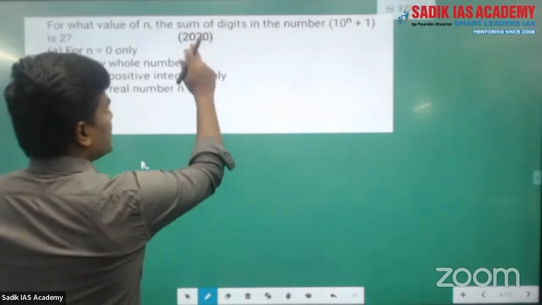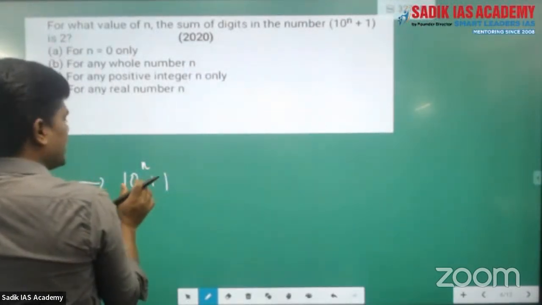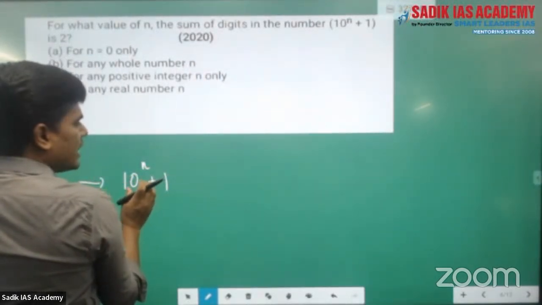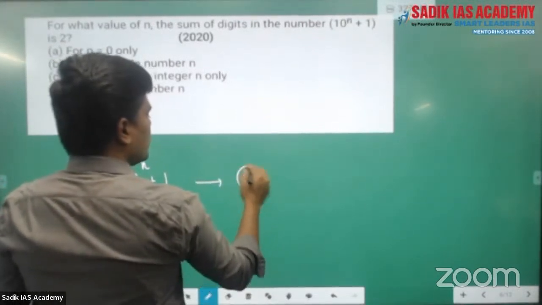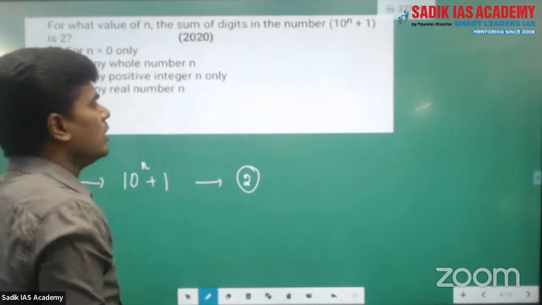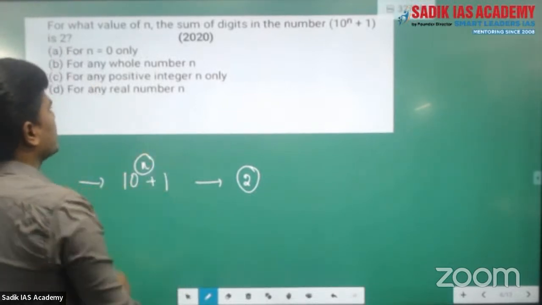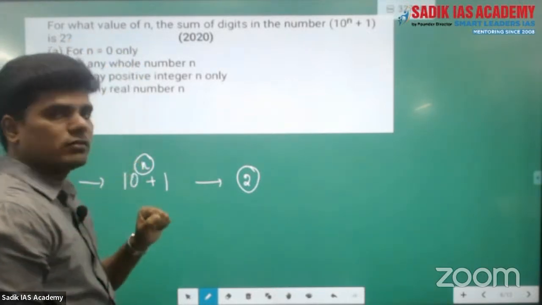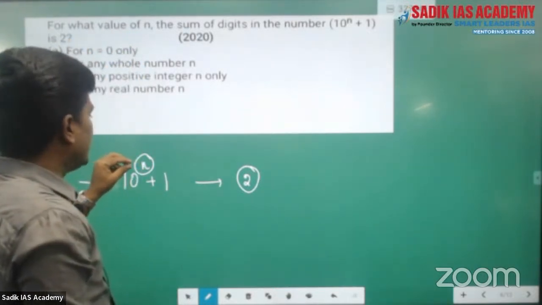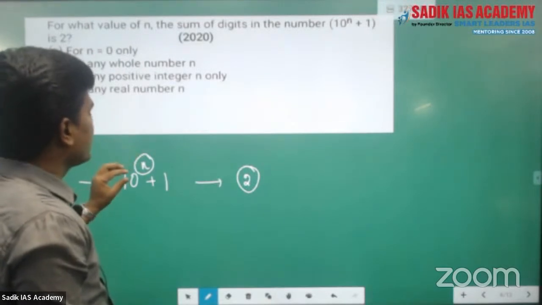If I add all the digits in the number, the sum of the digits needs to be 2. The question is about the value of n. What are the n values satisfying this condition?